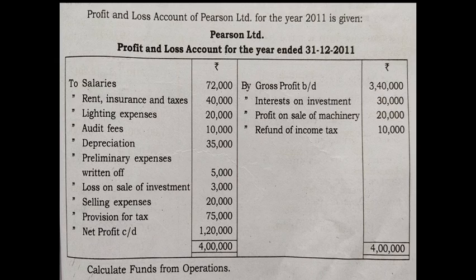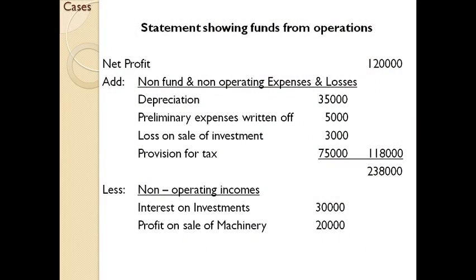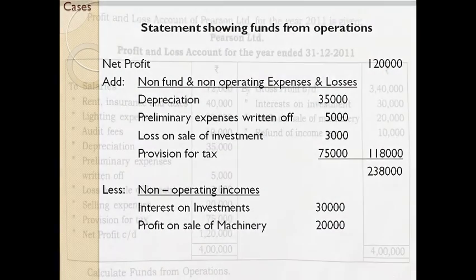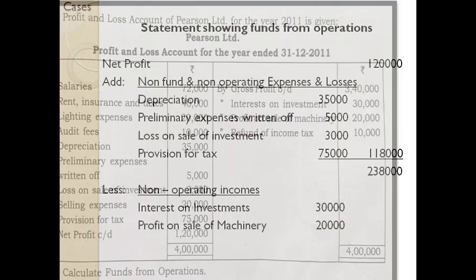Next item, profit on sale of machinery. It is actually not related to the current business carried out by the same concern, so it's a non-operating income. Note it down: profit on sale of machinery 20,000. Next item, refund of income tax. This is a case item; you may not come across it often, but it's quite common in the cases. It's a non-operating income, so note it down.